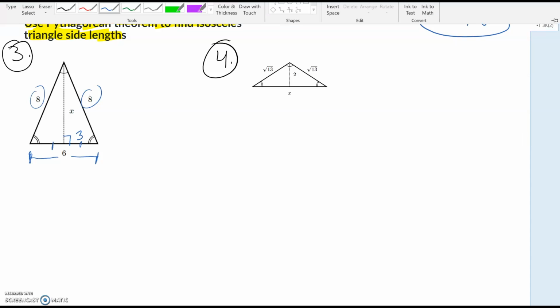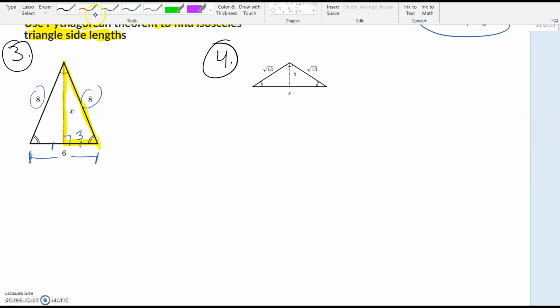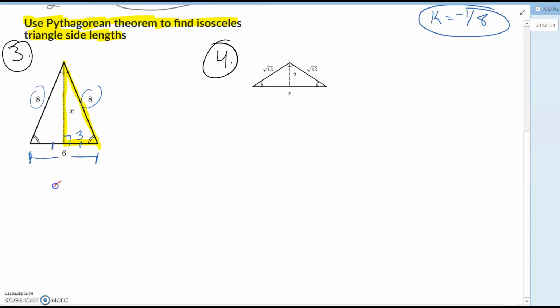Then what I'm going to do is use the Pythagorean theorem with the right triangle. So then I would have 3 squared plus x squared equals 8 squared.